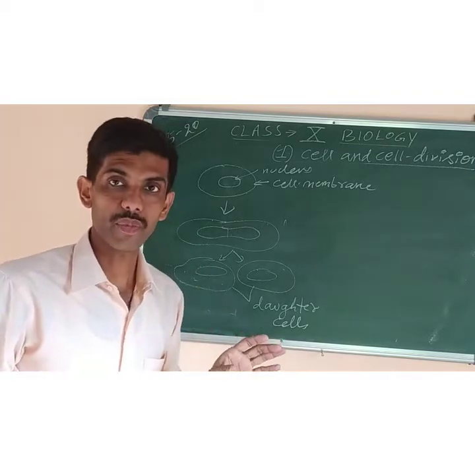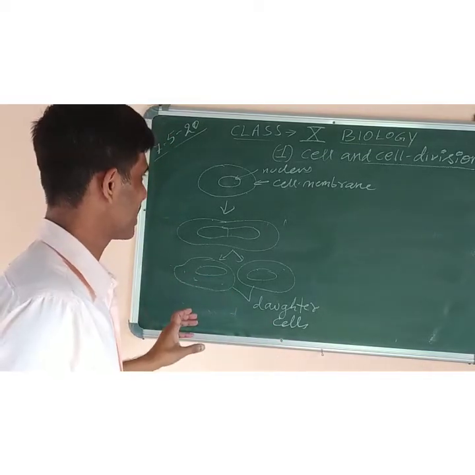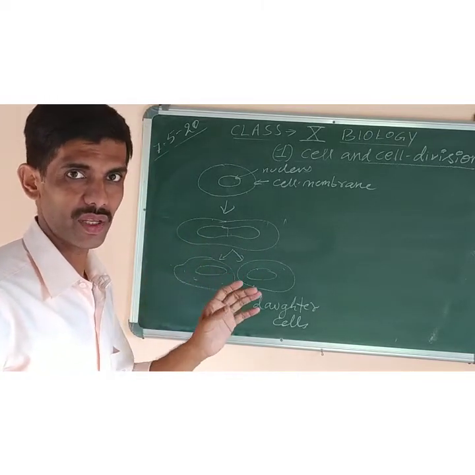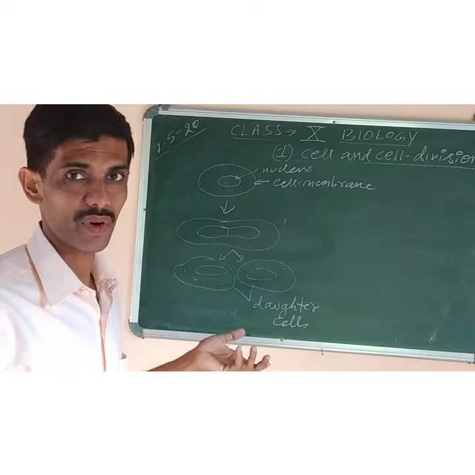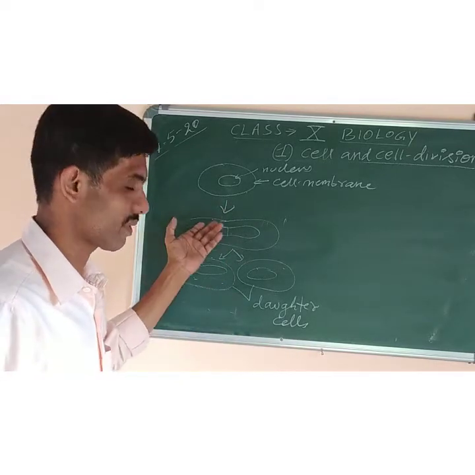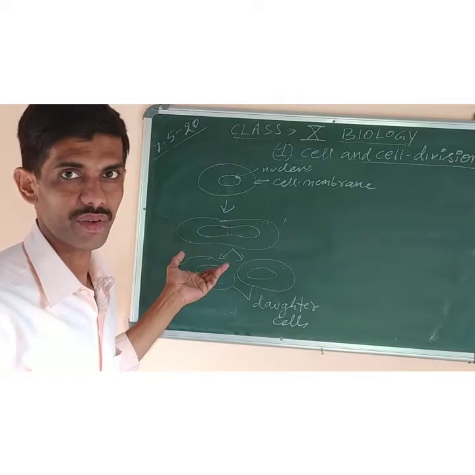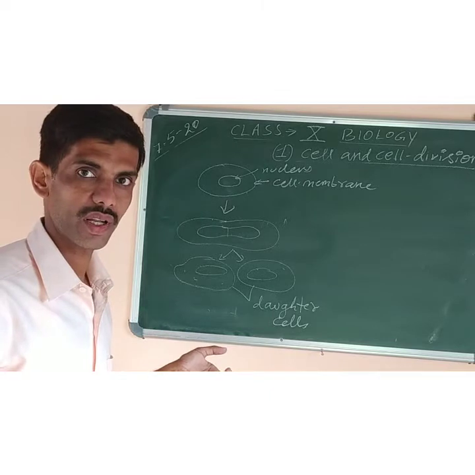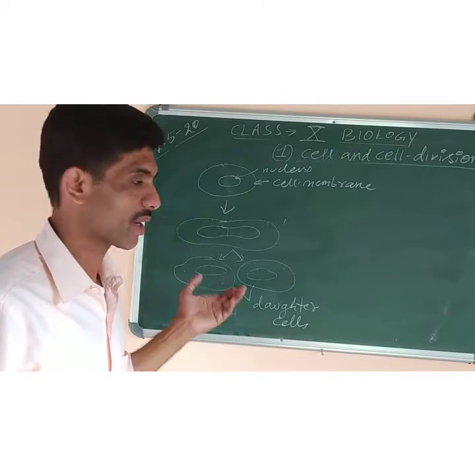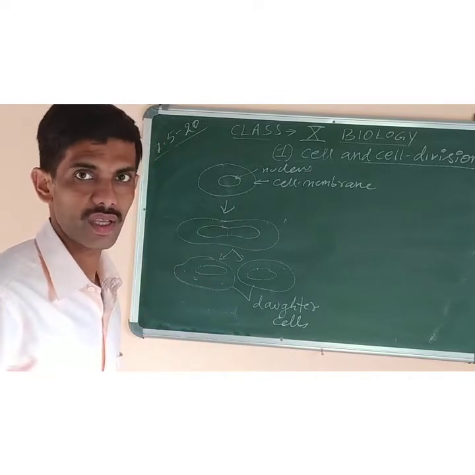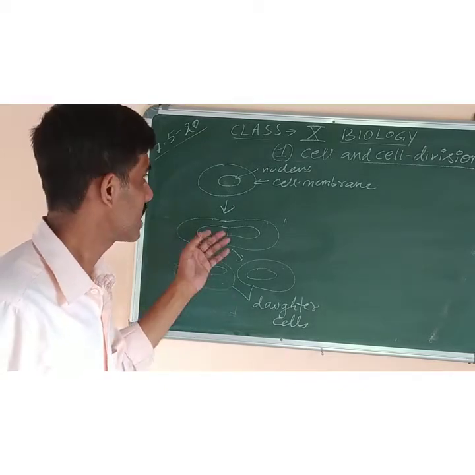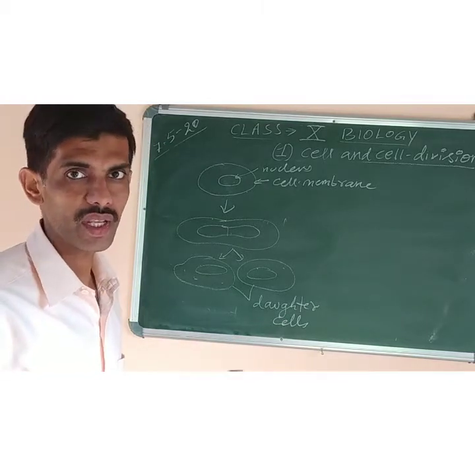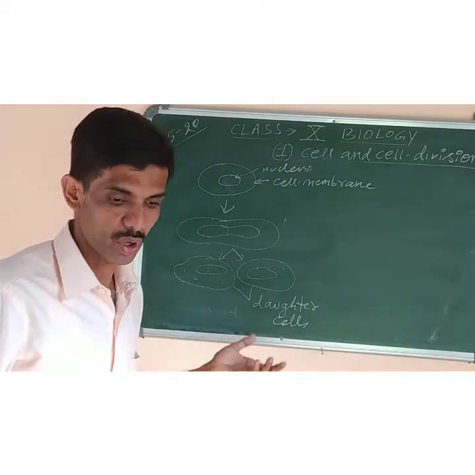So it is a simple type of cell division in which there is no spindle fiber formation, and no centrosome formation. It occurs in very few steps and it is completed fast. So it is a method of reproduction in lower organisms like bacteria. Microorganisms reproduce by asexual reproduction through this amitosis process also. There is direct division of the cell without undergoing any changes in the number and structure of chromosomes.